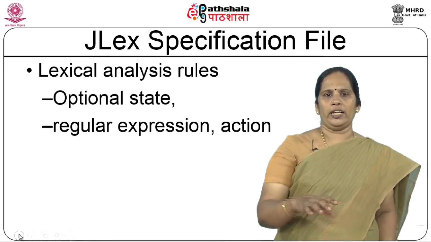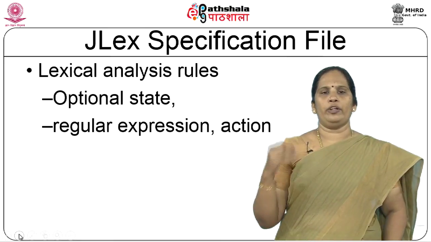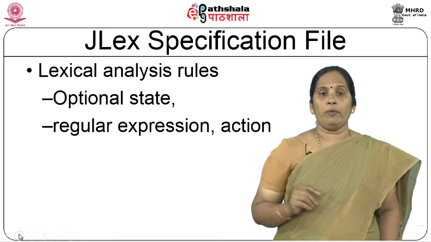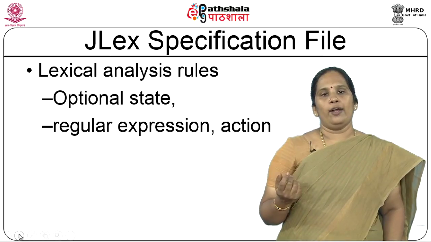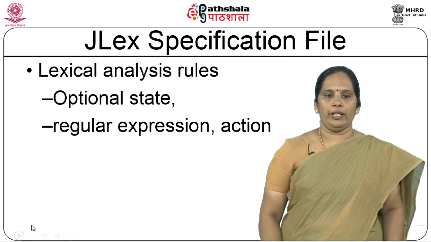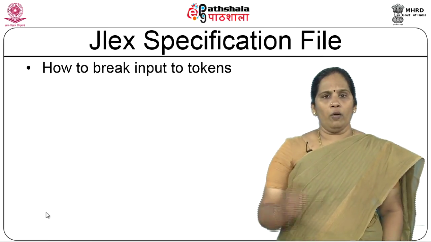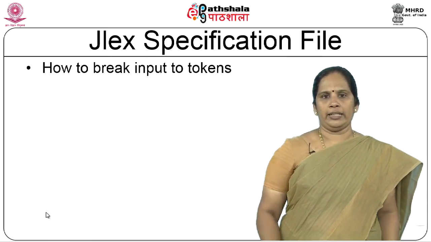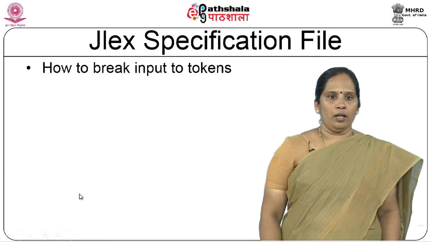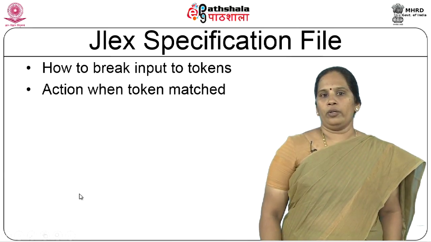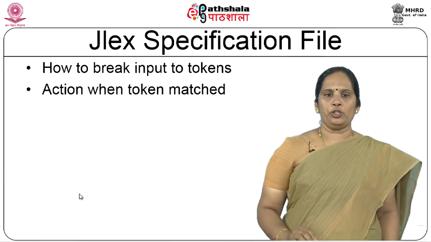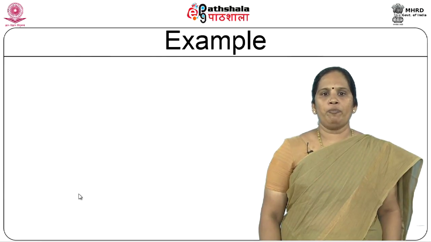Again regular expressions and actions, the same rules whatever you have done, slash n, your square brackets, your dot, your star operator, all those things can be applied here also. Now, this is how to break an input into tokens in the JLex specification file, and what action to take when a token is matched.